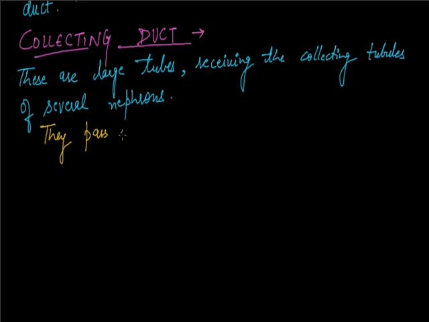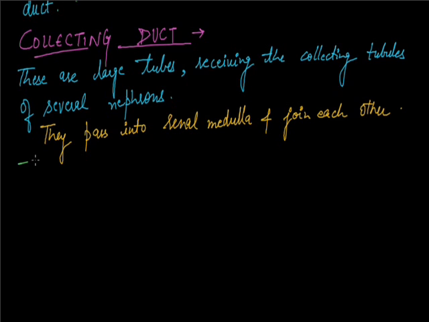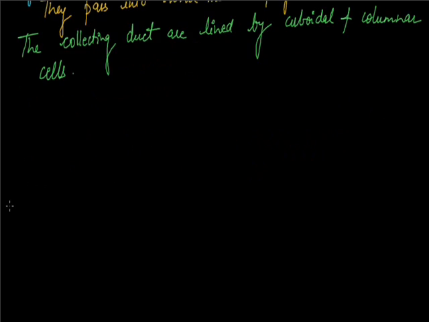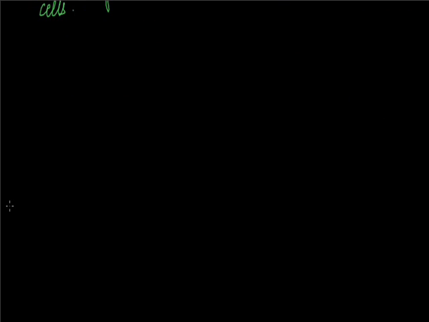They pass into renal medulla and join each other. The collecting ducts are lined by cuboidal and columnar cells. This is about the collecting duct. Now we'll see the structure of nephron.